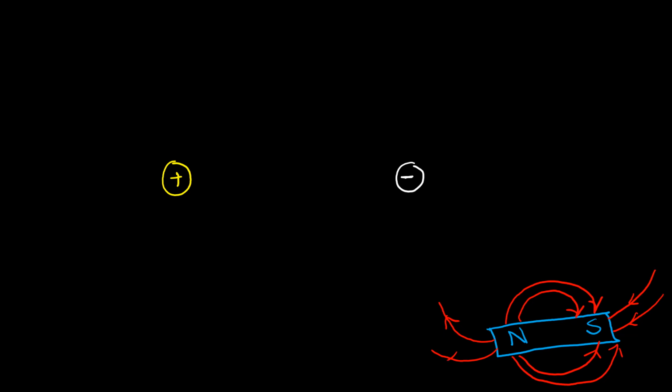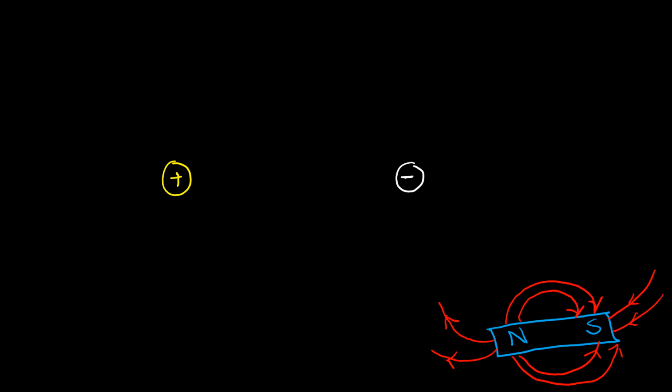The magnetic field lines go from the north pole toward the south pole. Magnetic field lines come inward toward the south pole, whereas at the north pole, the magnetic field lines go outward.